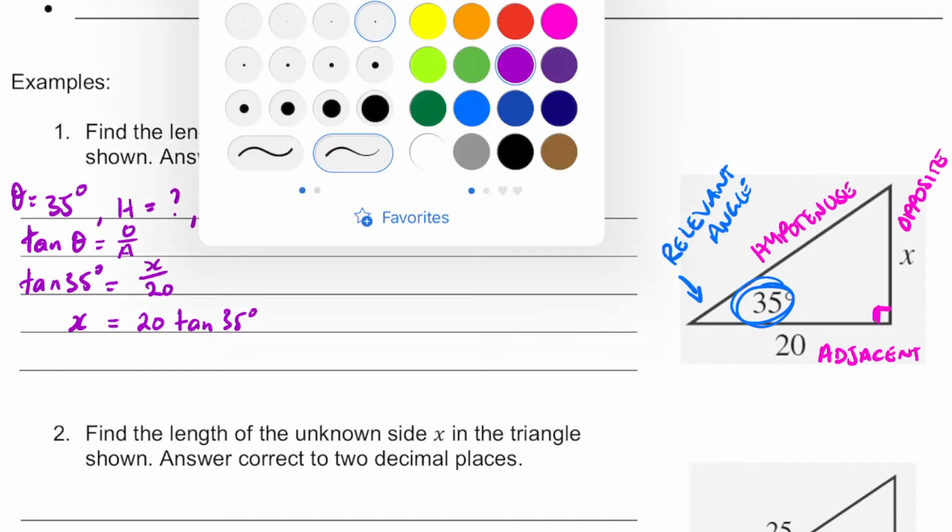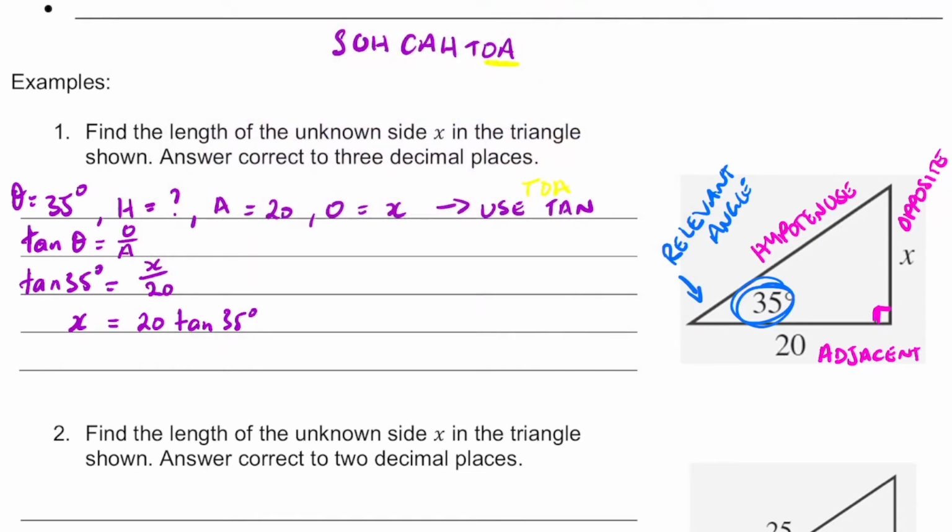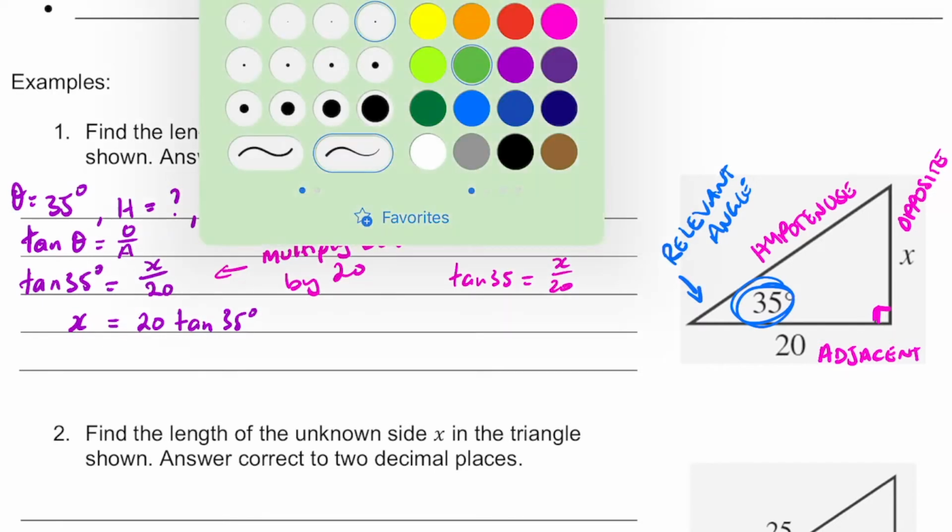So what's actually happening here is we have gone to multiply both sides by 20. So we've just used some basic algebra and multiplied both sides by 20. So it becomes, I'll just pop it over here.